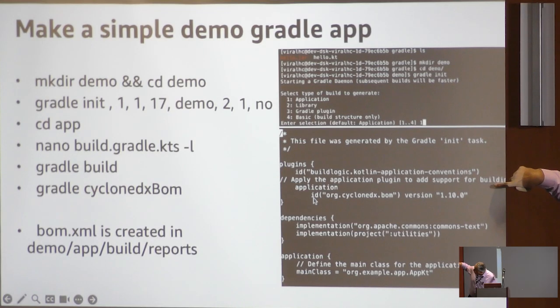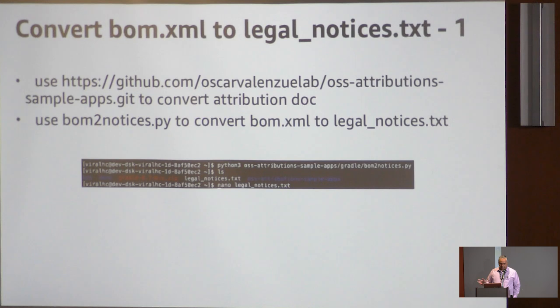Yes, this is the part that I added to my Gradle script, and that allowed me to build a bom.xml for my demo project. And once I had my demo project, I again went to this OSS attribution sample repo on GitHub and used BOM to notices to convert this BOM into a legal notices file.